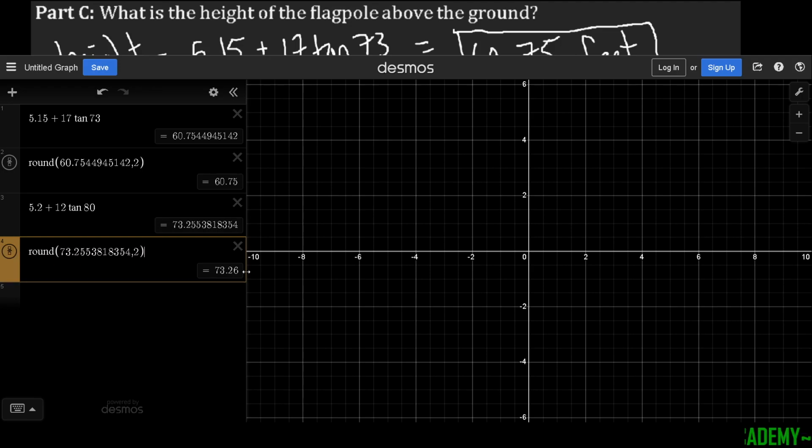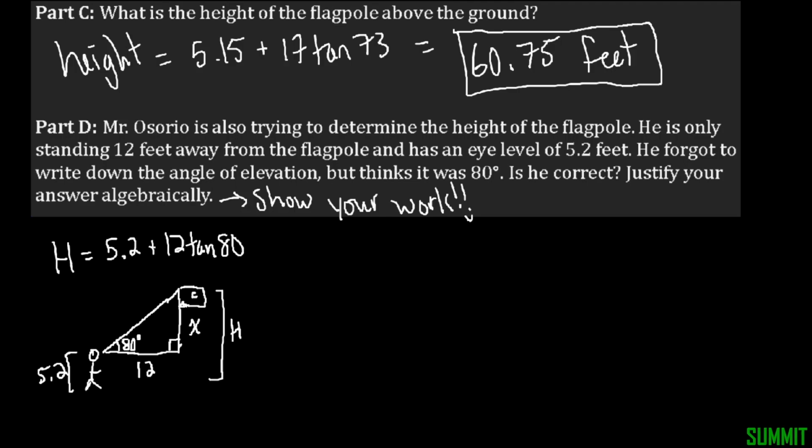Okay, they think it's going to be 73.26. Let me double check on that number. Yeah, okay. So this is what they think it is going to be. The height for the entire thing is going to be 73.26.